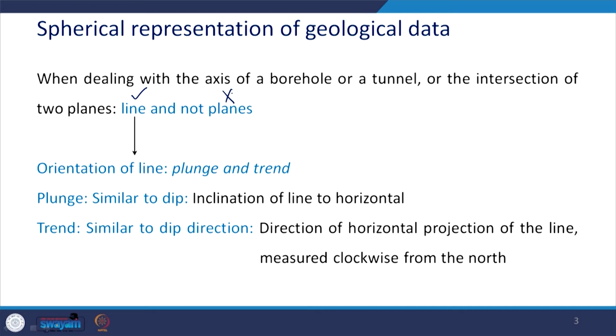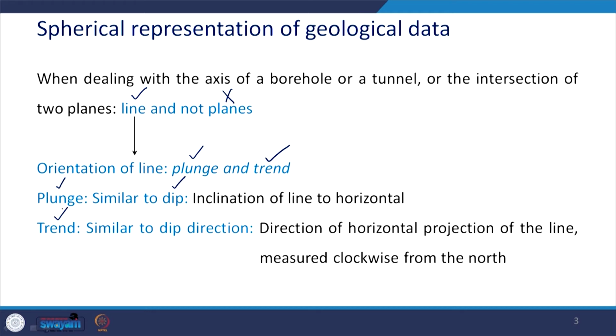Now, for the planes, we saw that we need dip and dip direction to represent the plane. In case of the line, the orientation is represented by its plunge and its trend. The definitions of these 2 terms, plunge and trend, are very similar to dip and dip direction respectively. That is, plunge is similar to dip, which is defined as the inclination of the line to the horizontal.